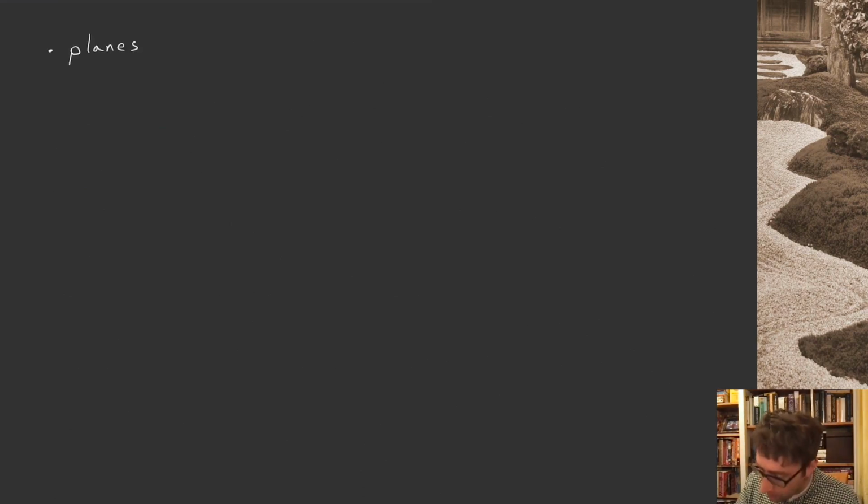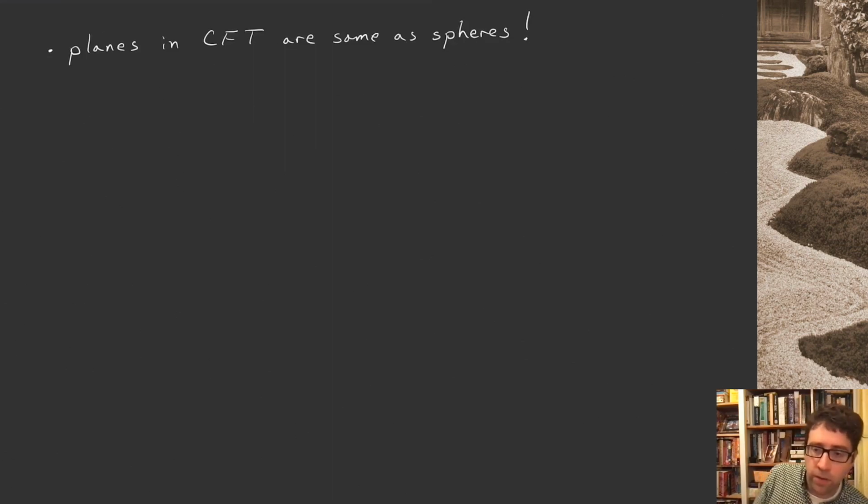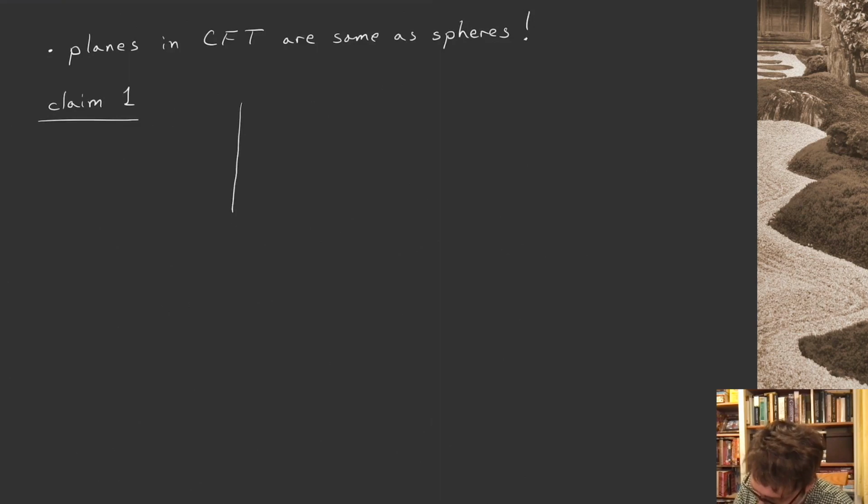The next statement is that since I'm in CFT, planes in CFT are the same as spheres. Now, why do I say that? Well, let's draw some pictures to try and convince you. This is one of the exercises in the notes, and so I leave you to work out more of the technical details yourself, but I hope I can convince you by drawing a couple of simple pictures. So claim 1. Here's my Euclidean spacetime.